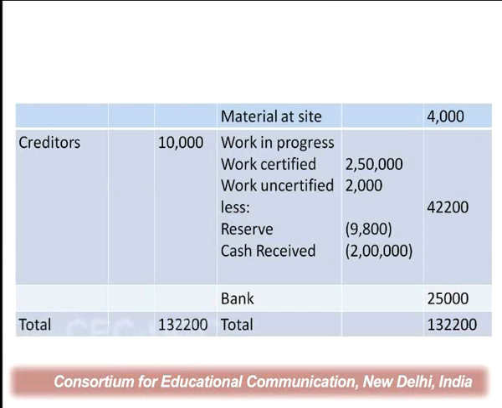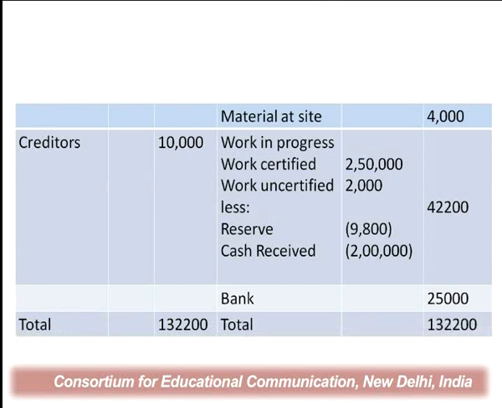Less reserves. As I said, you have earned a profit of 21,000 rupees, out of which, in our example, 11,200 rupees has been transferred to the profit and loss account, and the rest has been transferred to the reserve account. So why is this reserve being created? This reserve is being created because since the work is still under progress, tomorrow there may be some exigency, some abnormal reasons, or some additional expenses which your business has to incur.